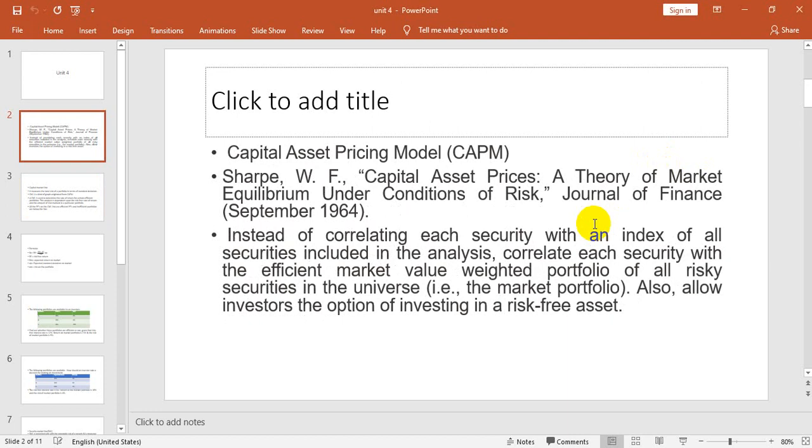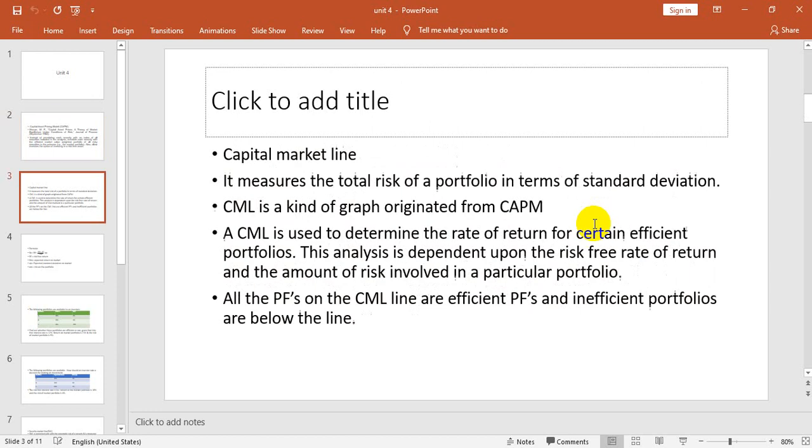If you remember the efficient frontier, there was a graph where all the efficient portfolios are plotted. That is nothing but the capital market line. So the capital market line shows the combination of risk and return that have the highest return for a level of risk. As I said, it represents only the efficient portfolios.